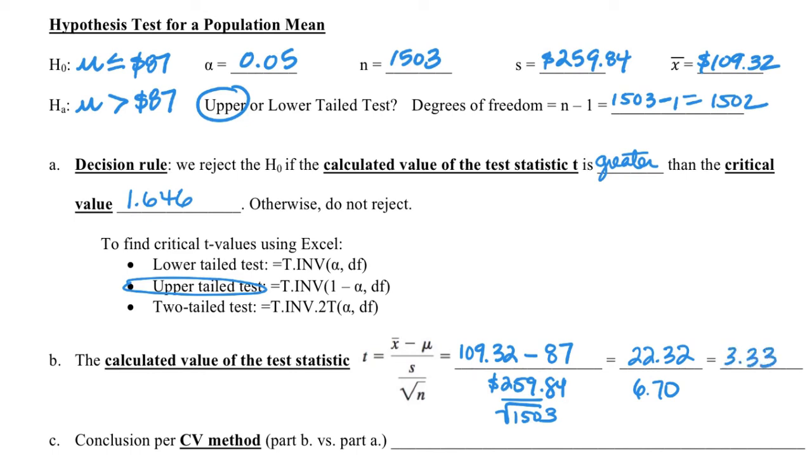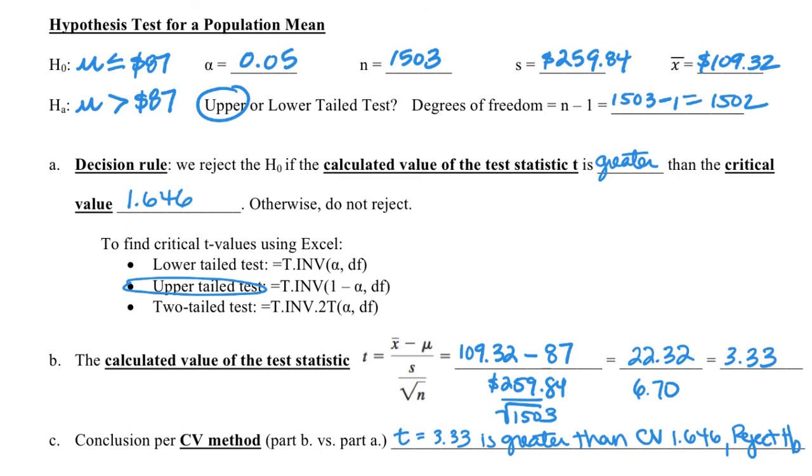So now to do the critical value method, I'm going to compare my part B versus my part A. So because our test statistic of 3.33 is greater than my critical value of 1.646, we will reject the null.